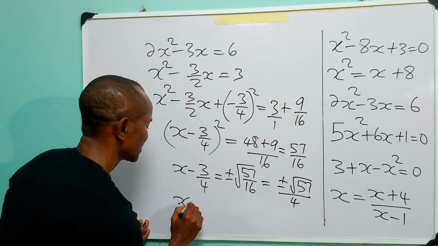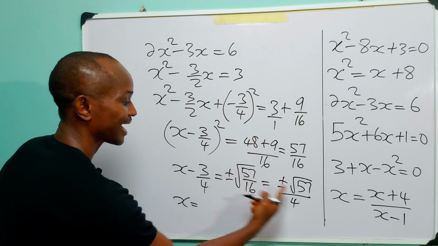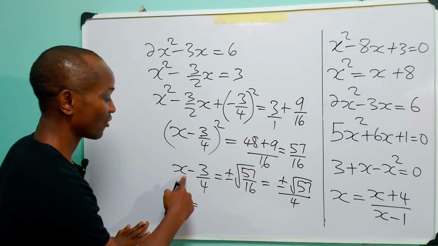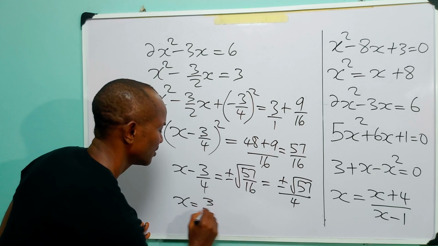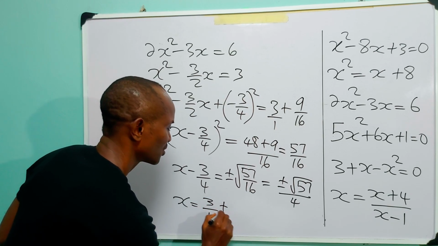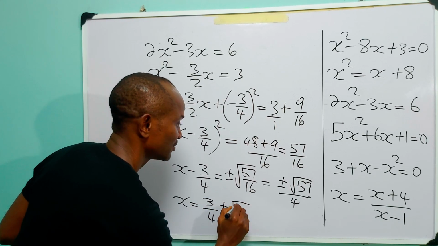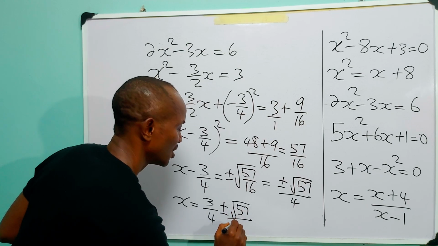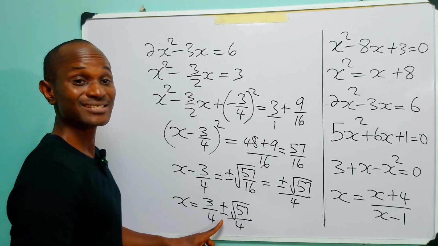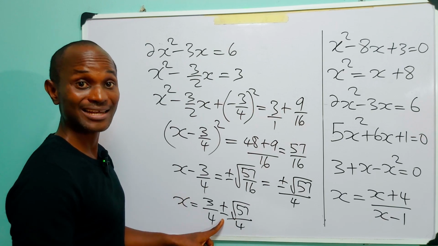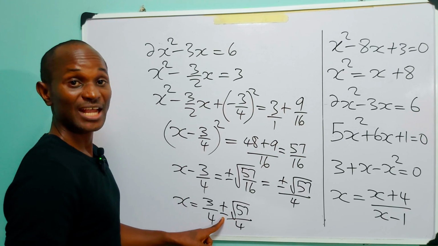So of course we have that x is equal to, we add 3 over 4 to both sides of the equation to give us 3 over 4 plus or minus square root of 57 over 4. Once more, we can leave the answer in this manner, or we can use a calculator to evaluate.